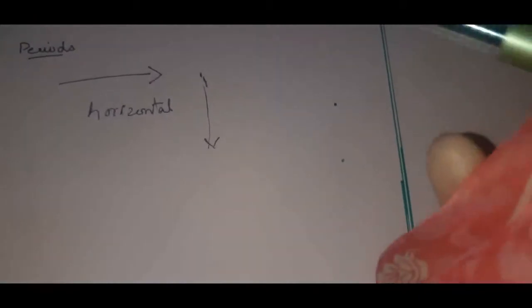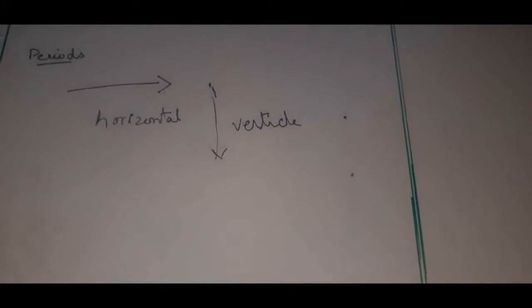So those elements which are located in the horizontal line of the periodic table are known to belong to that particular period, whereas the elements which are located in the vertical line, we can say that this element belongs to that particular group.